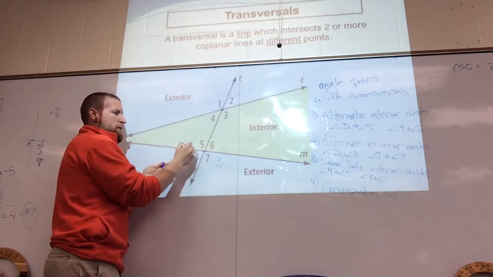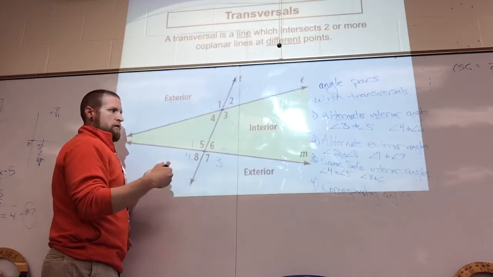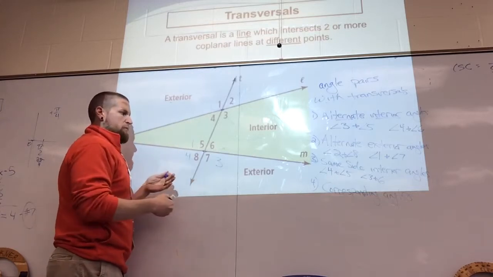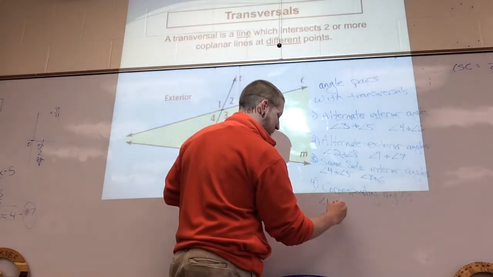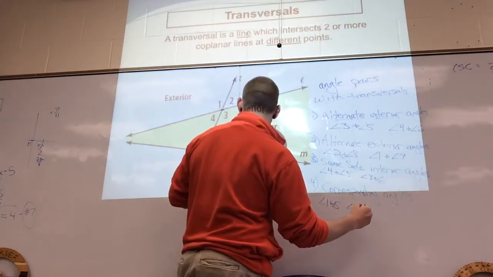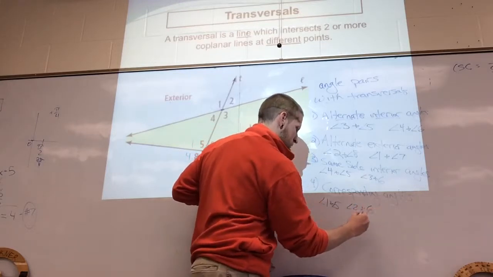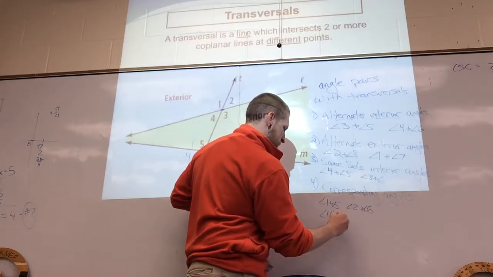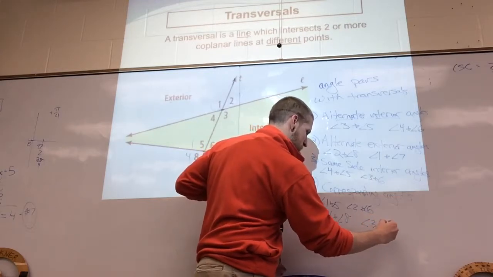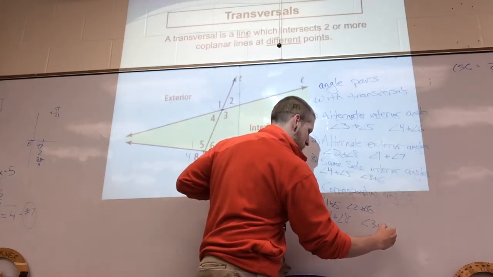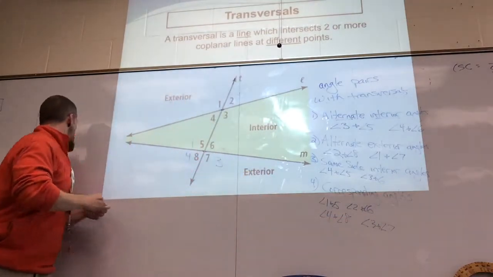That's essentially what corresponding means. It means they're overlapping. They're on top of each other. They're in the same position. All right, so 1 and 5. Is it 2 and 6? 4 and 8 and 3 and 7. Okay.